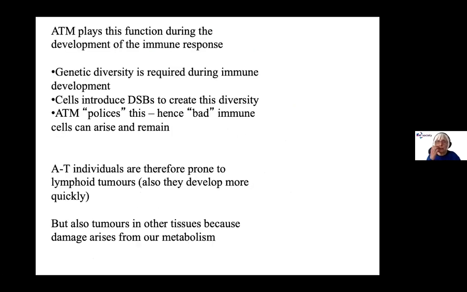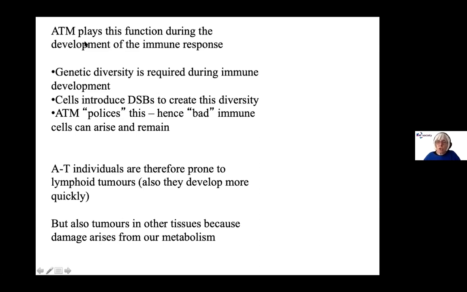Just one other thing before I finish this introduction is to say ATM plays this function particularly during the development of the immune response. So the development of the immune response requires us to form T and B cells, which are our antibodies, they want to create genetic diversity because we want to recognize all the different foreign bodies to which we're exposed, like coronavirus.